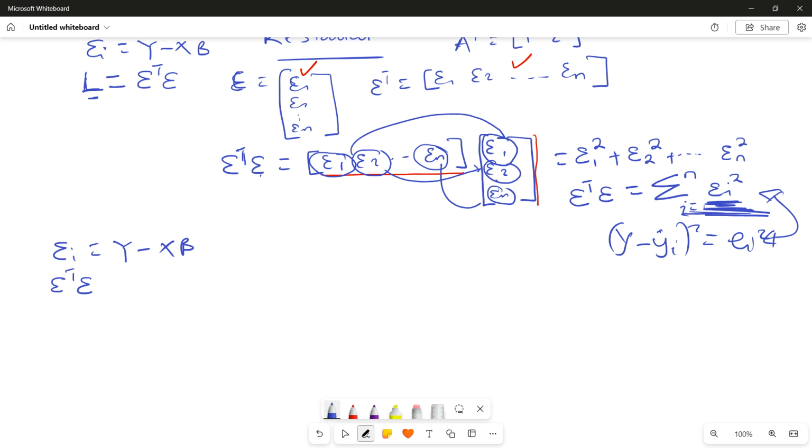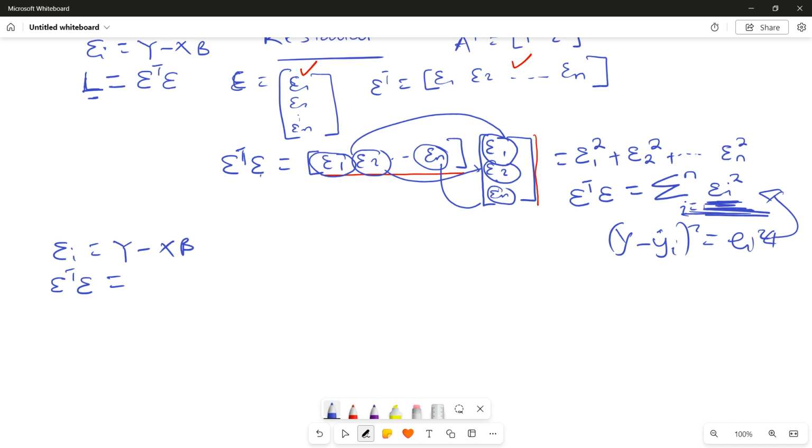This then means that since the residual e is equal to y minus xb, for us to square these residuals, we should multiply e transpose times e itself.